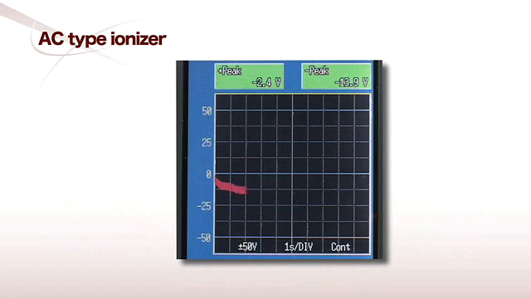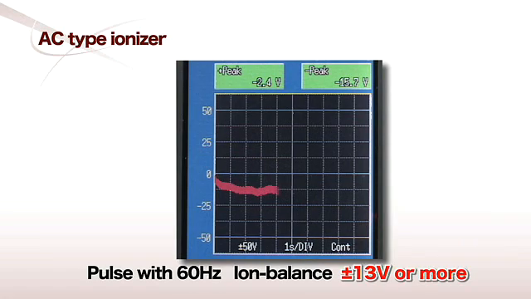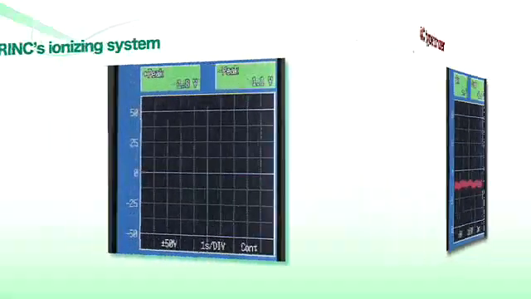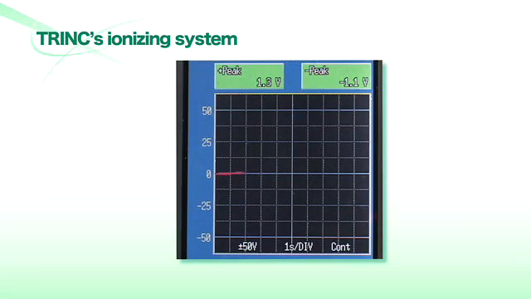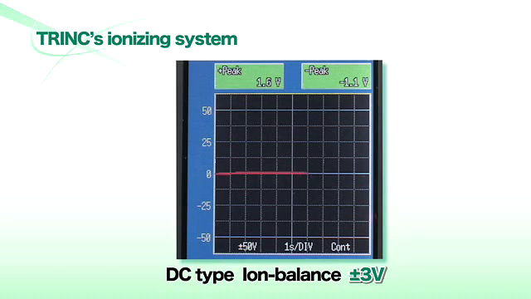In AC-type ionizers, on the other hand, a 60 Hz pulse occurs, so the ion imbalance may reach plus or minus 13 volts. The Trinc system, however, utilizes the unique DC method to limit the ion imbalance to plus or minus 3 volts. This ensures a safe and problem-free environment when handling precision semiconductors and devices.